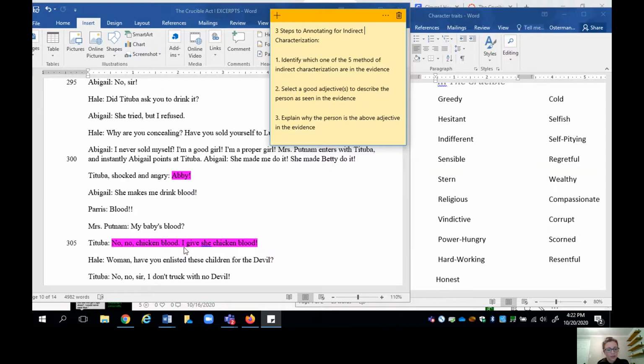Well, here I picked 2 pieces of evidence that I kind of want to put together. The fact that Tituba was shocked and angry, "Abby," tells me something about her. And this isn't definitely an action, but she also says, "No, chicken blood. I give she chicken blood." So I'm going to mush these together and highlight them both pink for characterization.